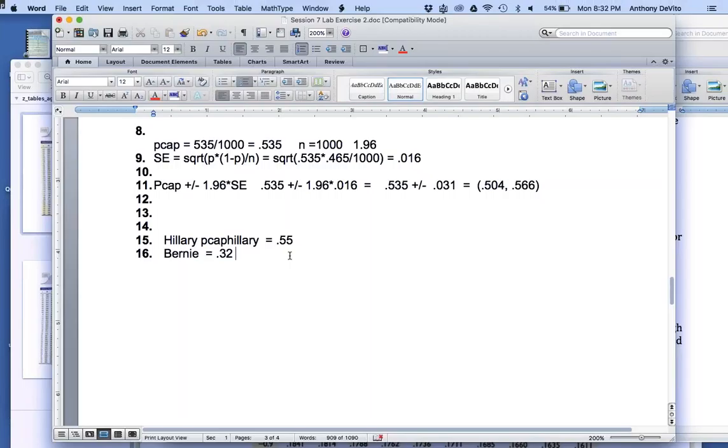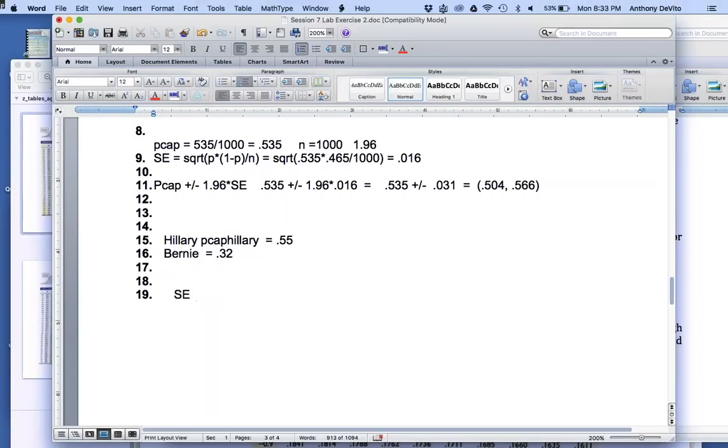Well, the way they deal with that in polls is, if I were going to calculate my standard error again, my standard error is going to be based on my estimate of the standard error.